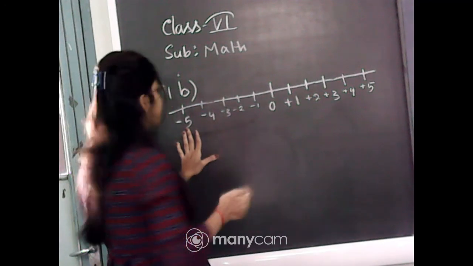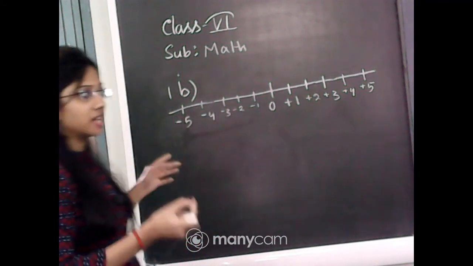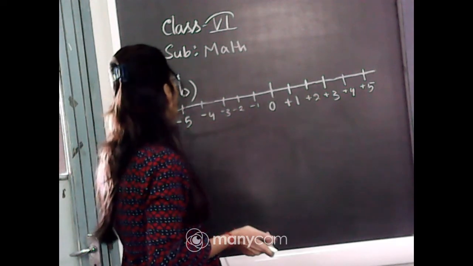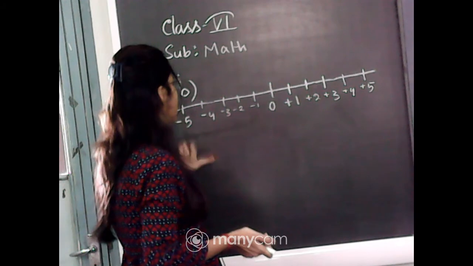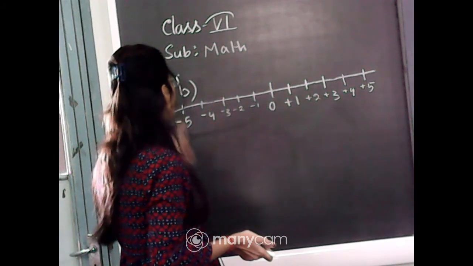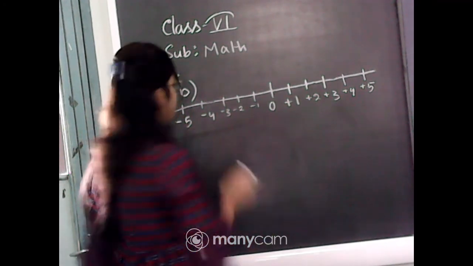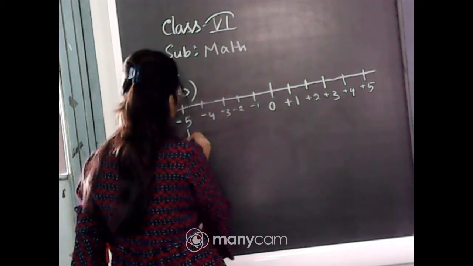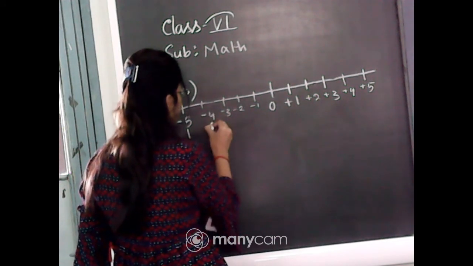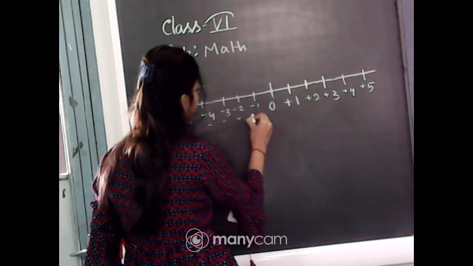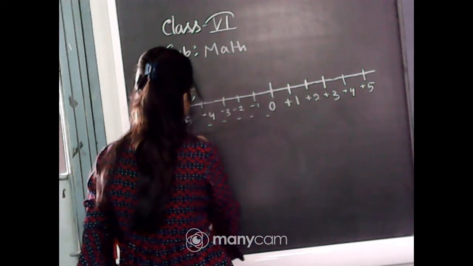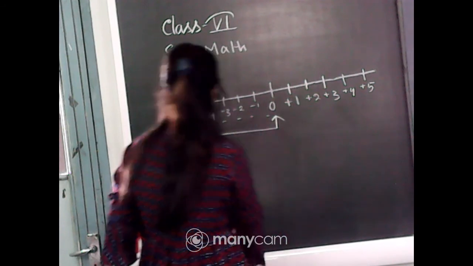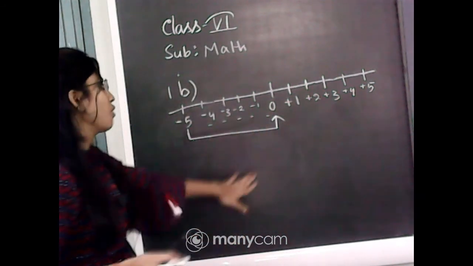Since it is 5 more than minus 5, we proceed from minus 5 and then move 5 steps to the right of minus 5. 1 step, 2 step, 3 step, 4 step, 5 step, and reach the point 0.